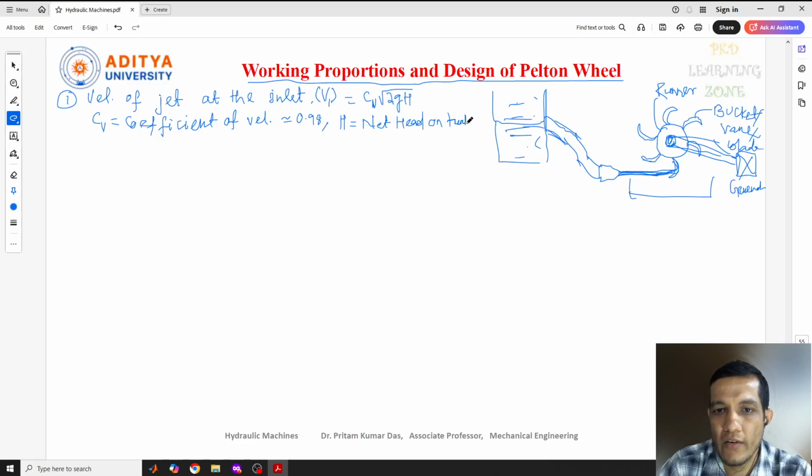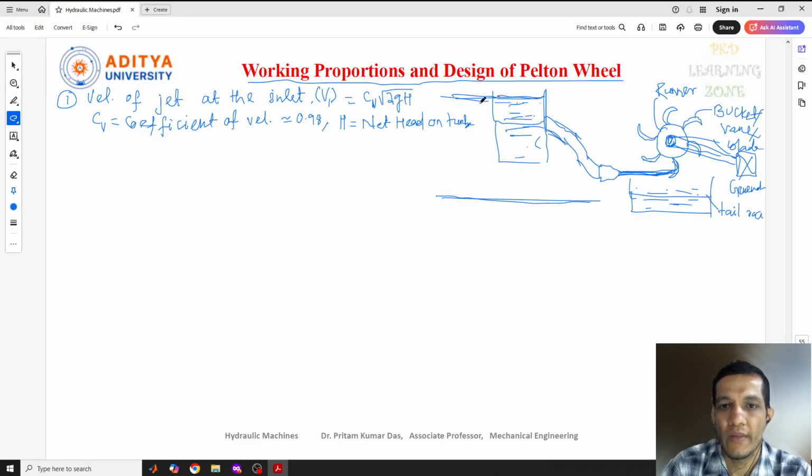So what is the meaning of net head? As I told you, this is the tail race, where the water falls after striking the blade. The distance from the tail race level to the upper water level is the gross head, which we discussed in the previous lecture. That is when the water is at rest.